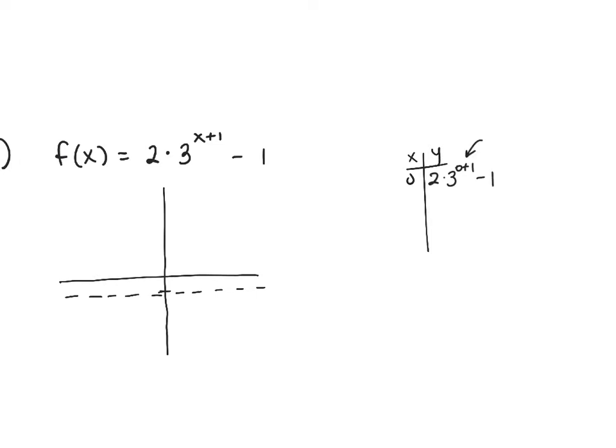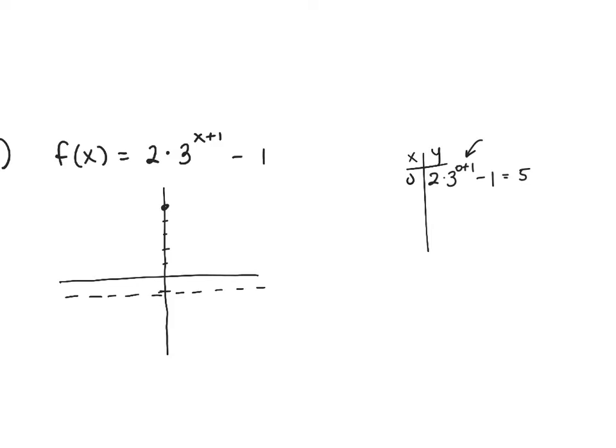Now here, 0 plus 1 is 1, so 3 to the first power is 3. 3 times 2 is 6, and then 6 minus 1 is 5. So (0, 5) is our y-intercept.